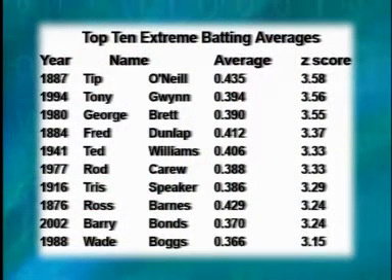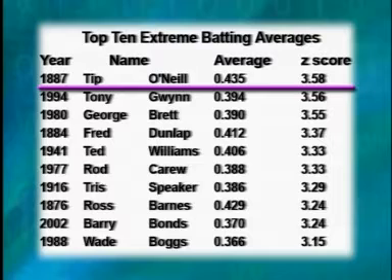In this measure of standard deviations above the mean batting average for that year, we see that the winner would be Tip O'Neill, who, incidentally, I thought was a politician. But in 1887, Tip O'Neill had a batting average of .435, which, by the way, is amazing for anybody. And the number of standard deviations above the mean was 3.58. So that was his Z-score.